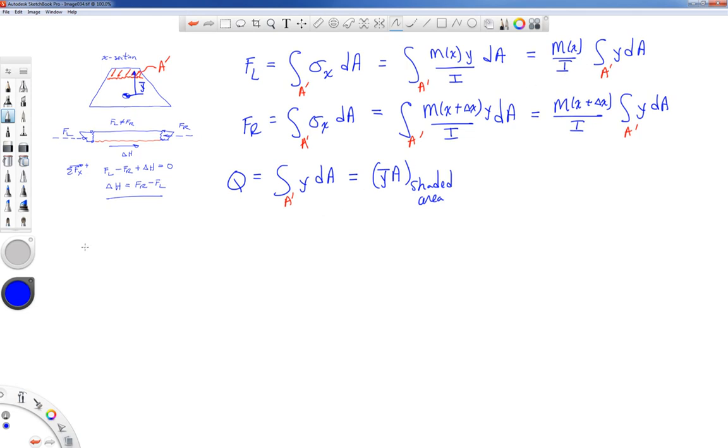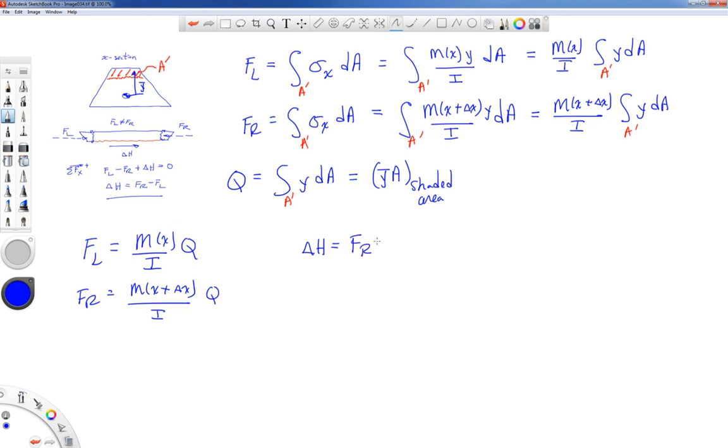Let's do that one more time. Force on the left, I'm going to write as M of x over I times Q, meaning the shaded area's Q. And the force on the right is equal to M of x plus delta x over I times Q. Now that we know what those forces are, we can go back and take a look at delta H again. We said here that delta H was the difference between the force on the right and the force on the left.